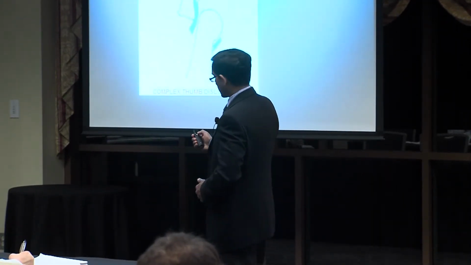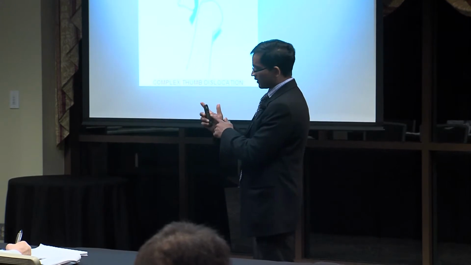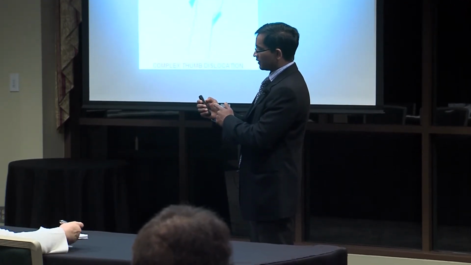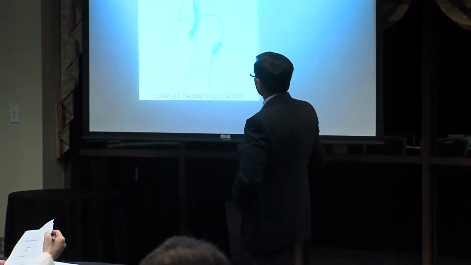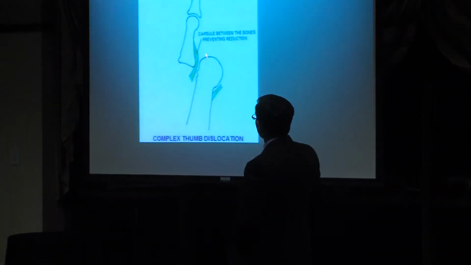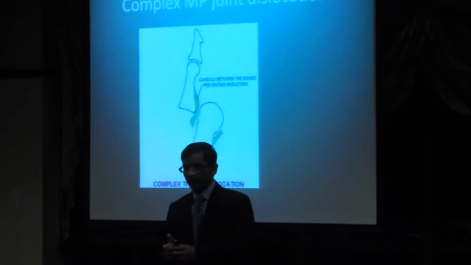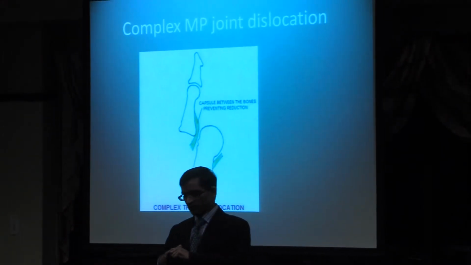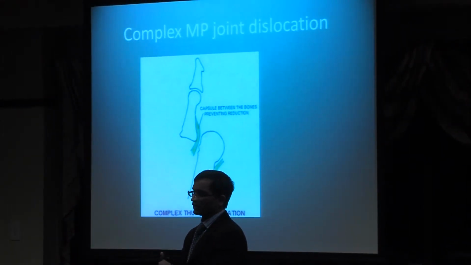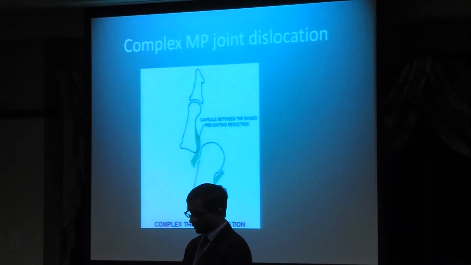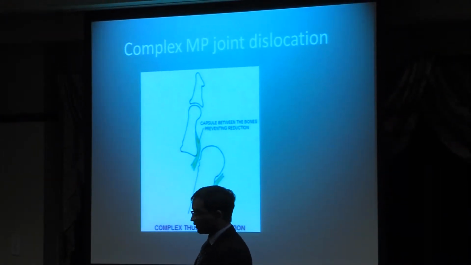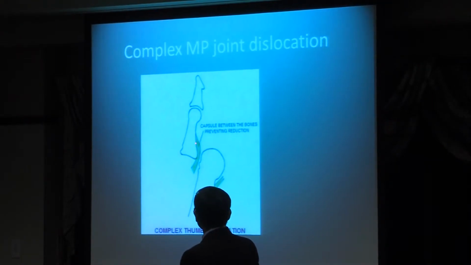See, if it is a complex dislocation, the metacarpal head buttonholes through the anterior capsule, and it will prevent your reduction, and at least 50% of the time may need a surgical reduction, where you may have to open up and take this capsule out of the way and reduce the joint.